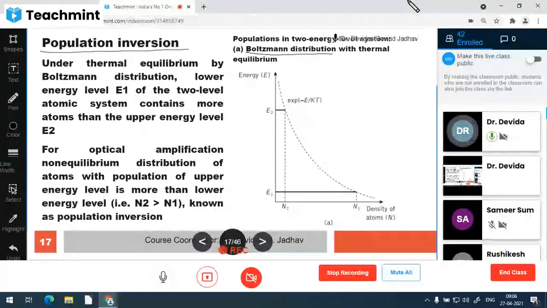Boltzmann distribution of what? Boltzmann distribution of density of atoms N on the x-axis and energy E on the y-axis. And this dotted curve is called the Boltzmann distribution.